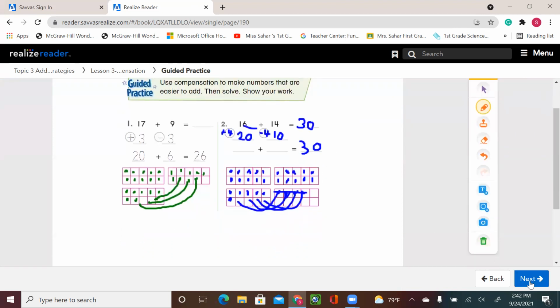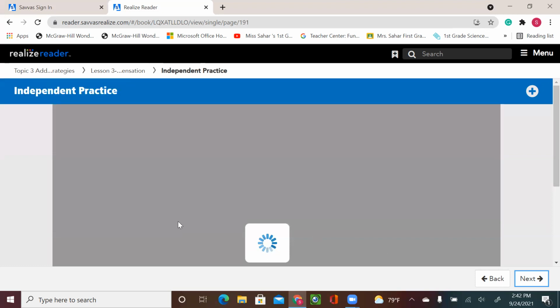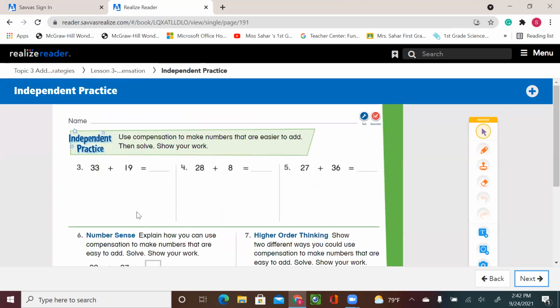All right, let's go for the next example. Use compensation to make numbers that are easier to add, then solve. Show your work so we can do the same. For example, 33 plus 19. What do we need to do? We're going to take from here to add it, to make it a closed number or easy number. So we can draw 3 10 frames, and I'm going to move from here and add it all the way to the other side.